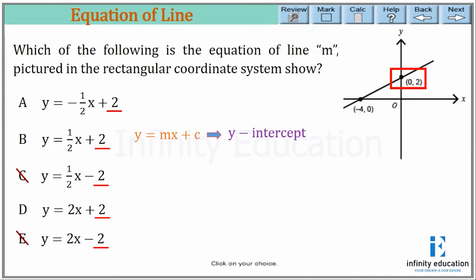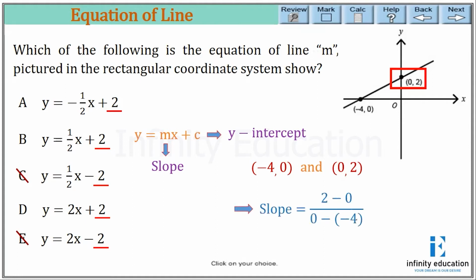Now the line is passing through -4 comma 0 and 0 comma 2, and we know in the equation m is the slope, so we should find the slope of the line with -4 comma 0 and 0 comma 2. The slope is y2 minus y1 over x2 minus x1, that is 2 minus 0 over 0 minus -4, so that is 2 by 4, and after simplification it is 1 by 2.